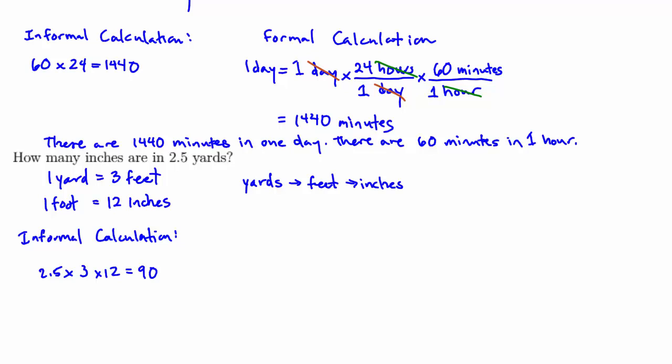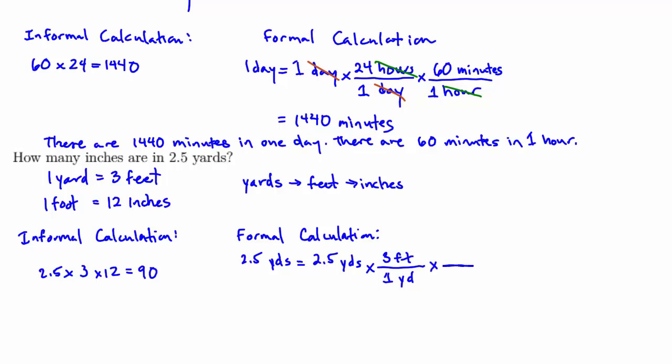For our formal calculation and unit conversion here, let's take that 2.5 yards, and we can use YDS for those units when we abbreviate them. And that will be our same 2.5 yards. Now, to change those units to feet, we can multiply by this unit fraction that has 1 yard in the denominator and 3 feet in the numerator. That will get me from yards to feet.